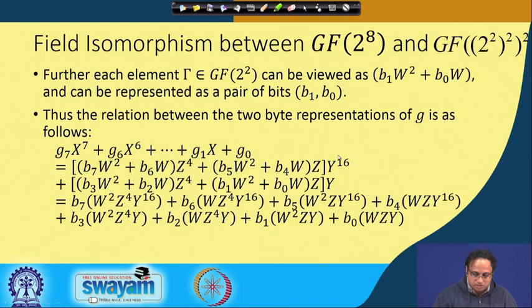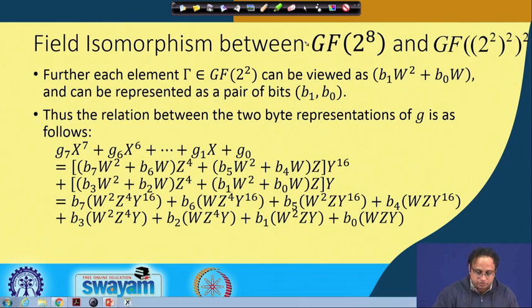Okay. So bringing all of them together, this polynomial is nothing but two parts. In the converted form, you essentially have these two parts. For example, this is my higher part and this is my lower part. So you see that I write this with the basis y power of 16 and this is my basis y.